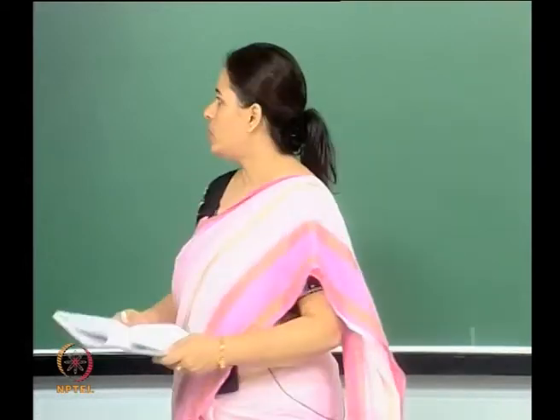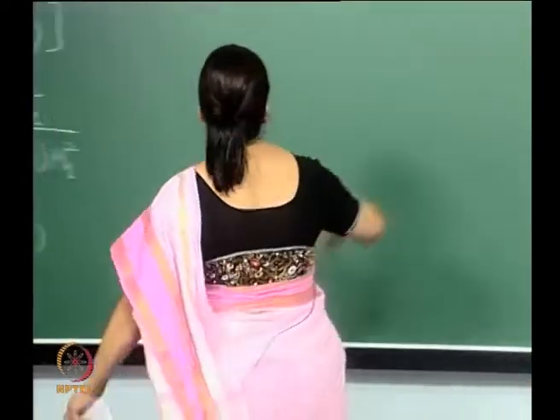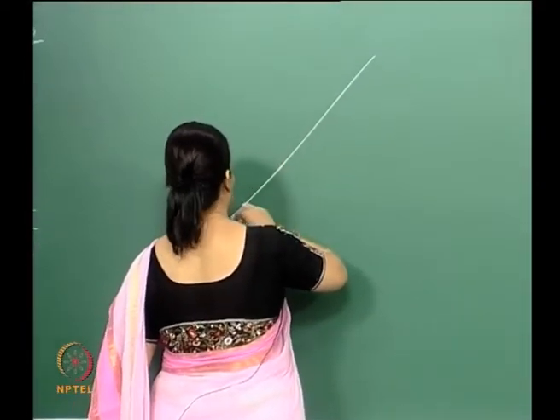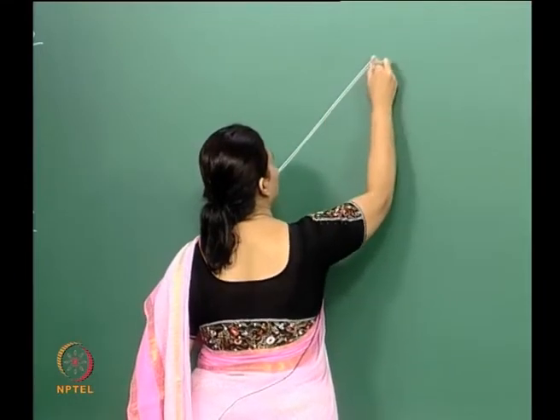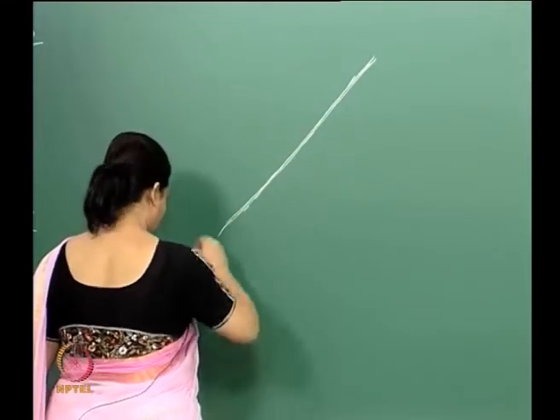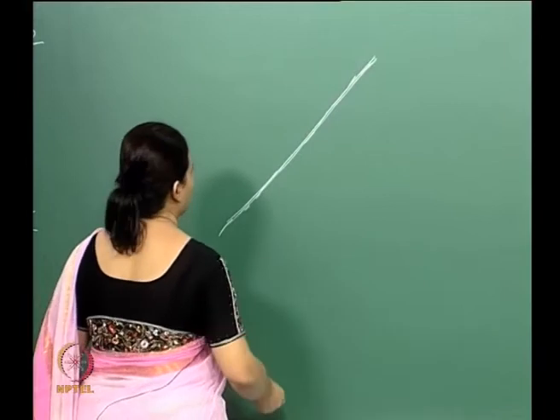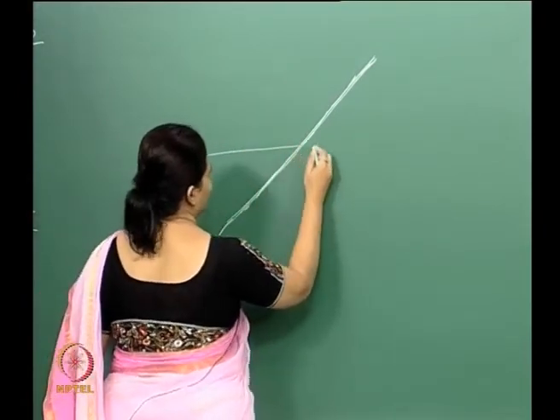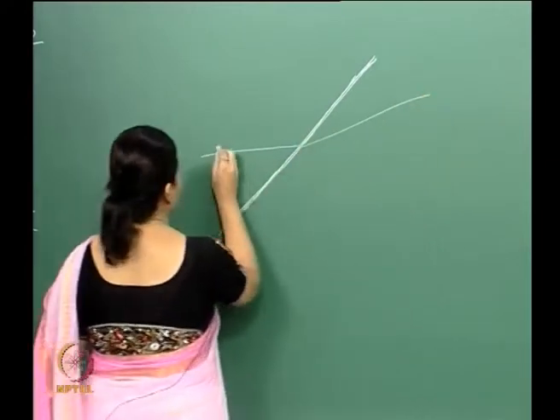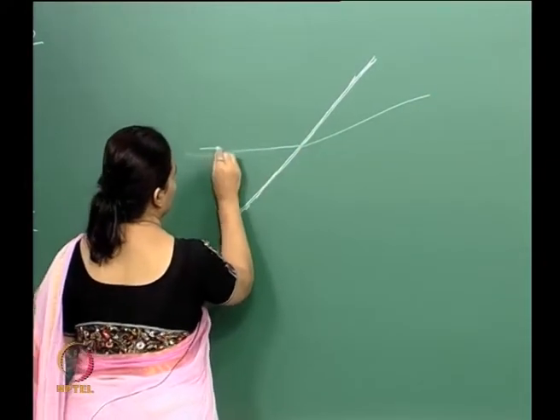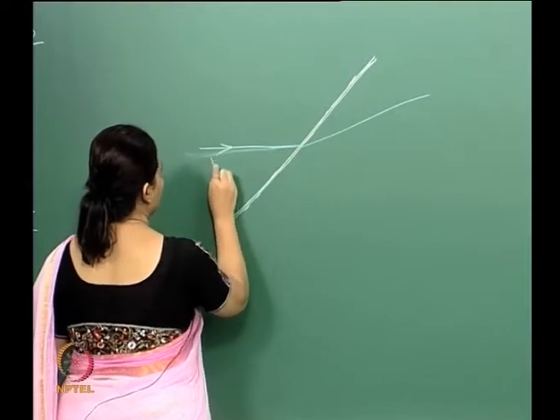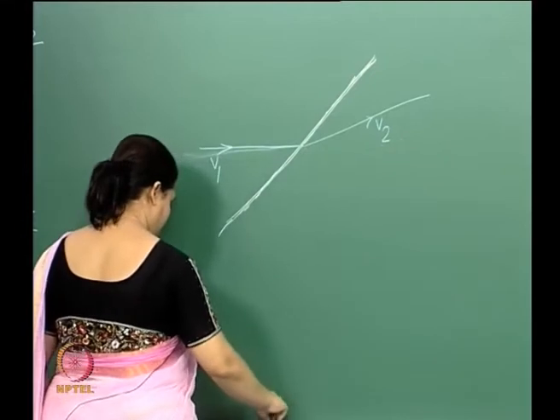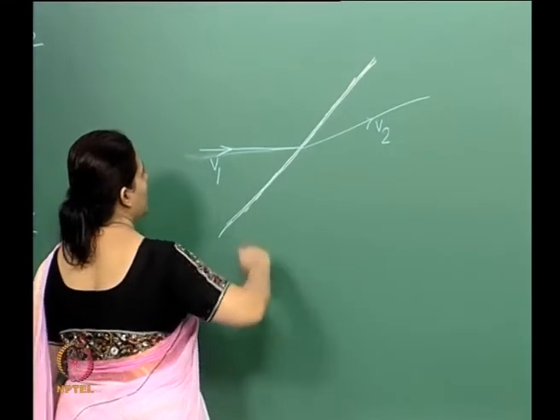Okay, so if I redraw this, so if this is my shock, right, and say this is my V1 and this is V2.